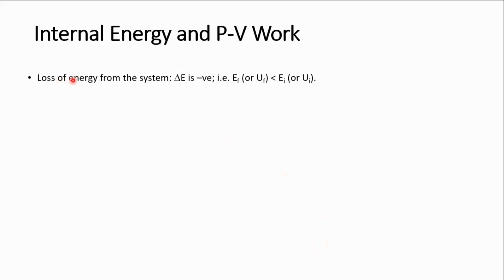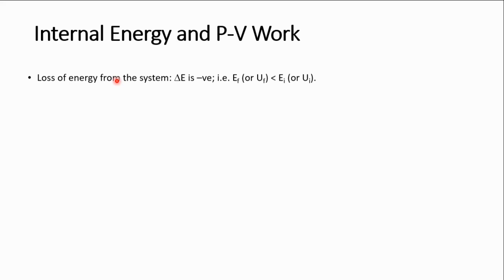Now, the loss of energy from the system, this makes sense. The loss of energy from the system will cause its internal energy change to be negative. Think about it. If the system loses energy, let's say the system starts out with 10 kilojoules of internal energy, and something happens and the system loses some amount of energy. Clearly the final internal energy will be less than the initial internal energy.